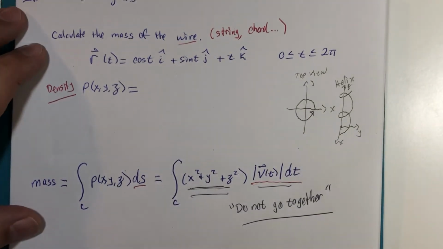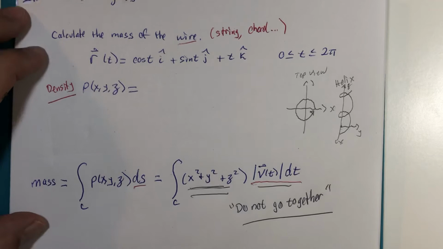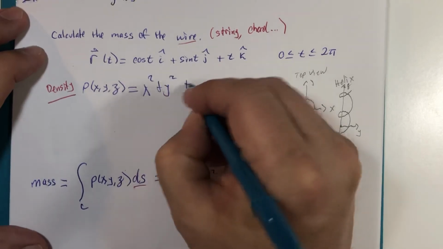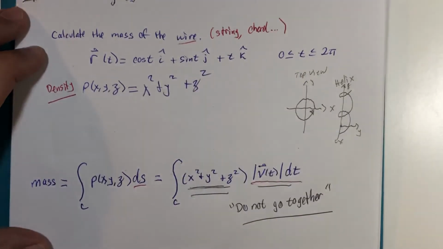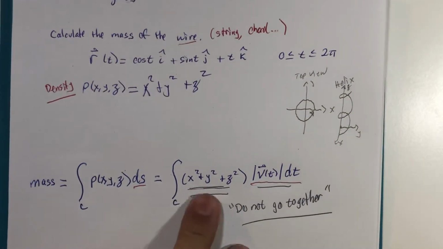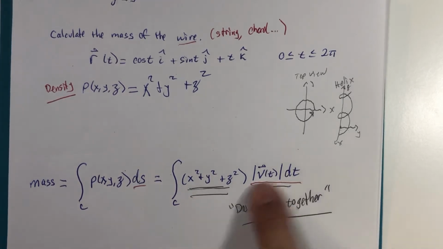If you missed it, I've filled in the density function here, x squared plus y squared plus z squared. And there are 2 things we have to figure out. How do we convert this to t? And then how do we build this?